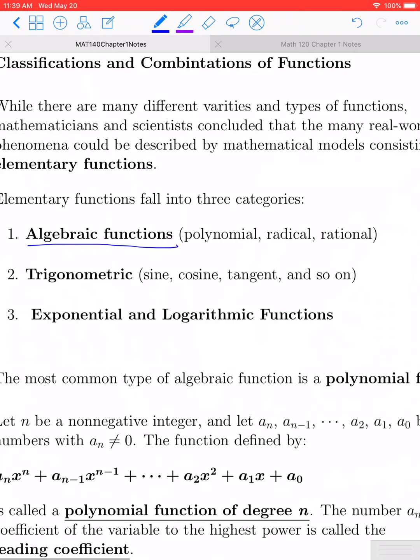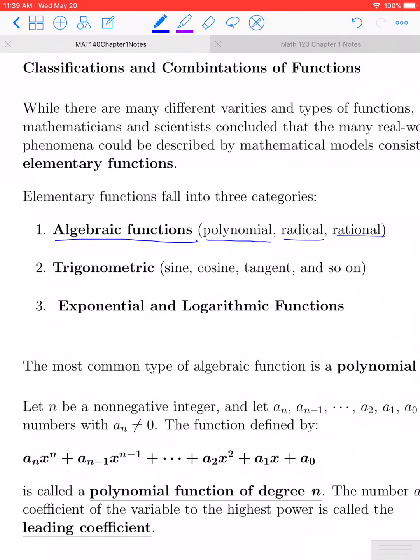Those 5 basic operations are addition, subtraction, multiplication, division, and the process of taking roots, so square roots, cube roots, etc. These lend themselves to polynomials, radical functions, and also rational functions. So if it's one of these basic types, it's an algebraic function.